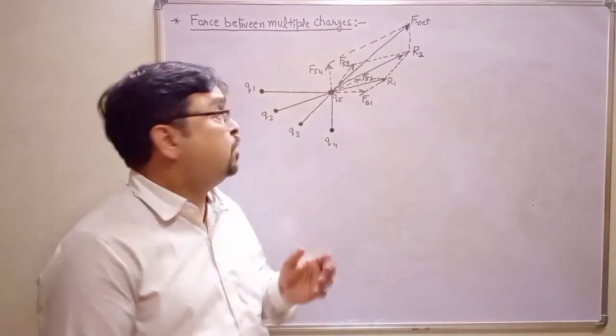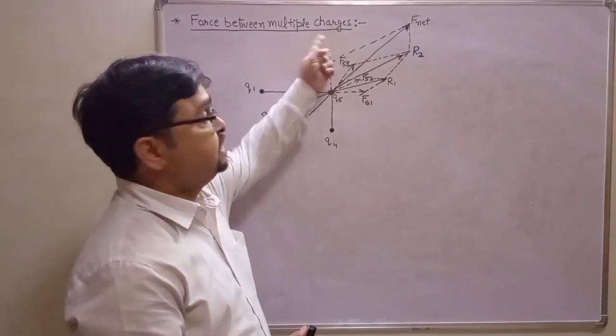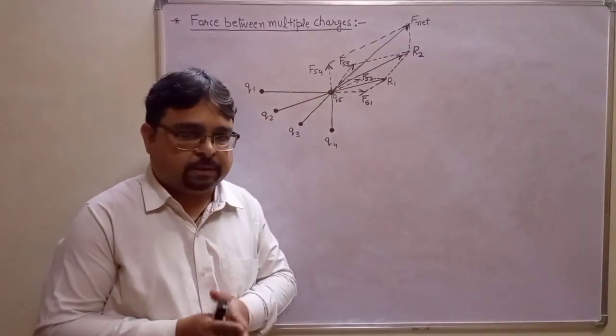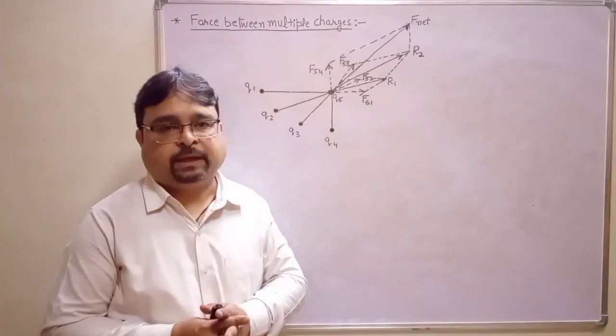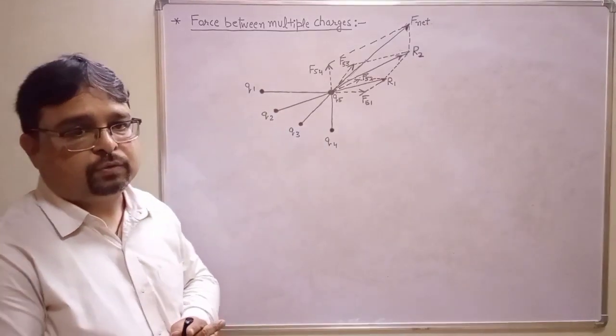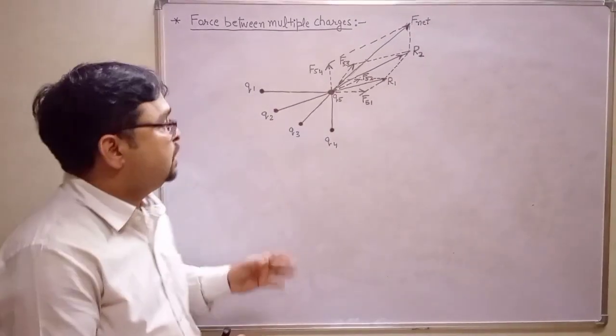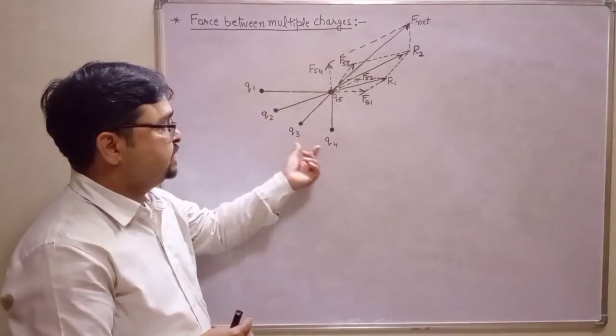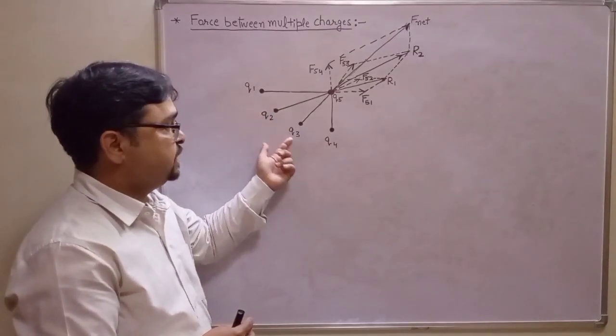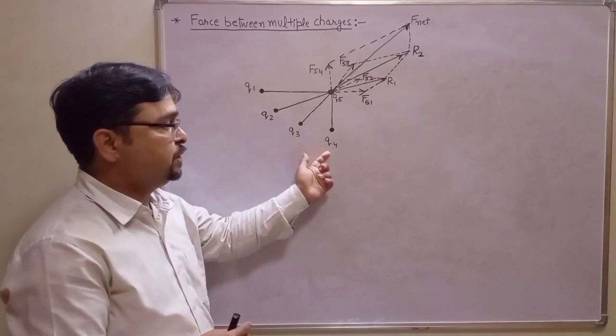Now see force between multiple charges. Using similar type of vector analysis, we can calculate the force between the multiple charges. In this figure, we can see there are 4 point charges q1, q2, q3, q4.